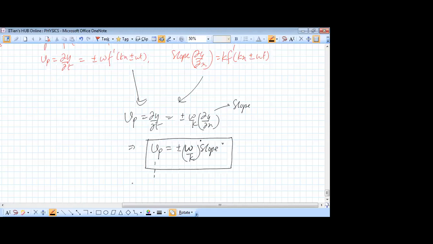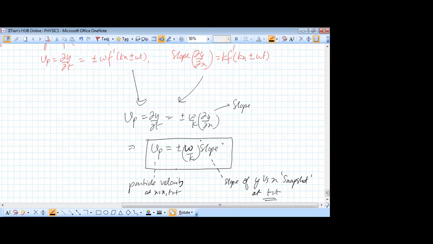So particle velocity at x equal to x, t equal to t is equal to omega by k, with a sign depending on the sign of the terms in between, that many times the slope of the y versus x snapshot picture at the instant t.